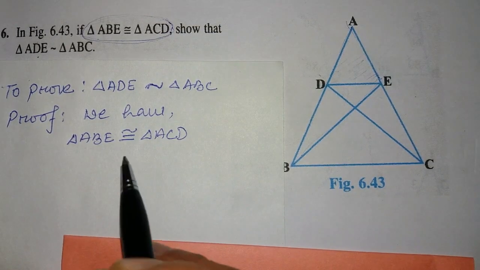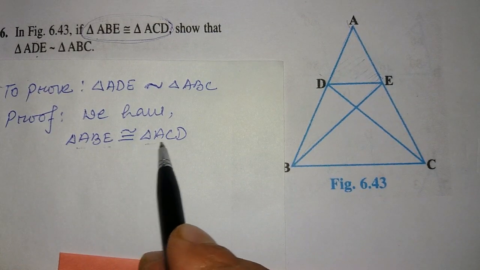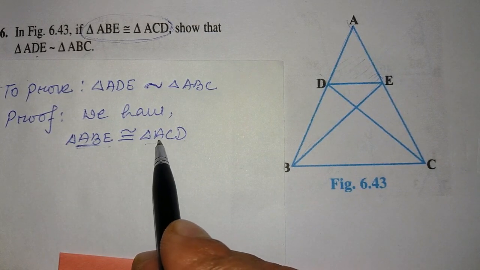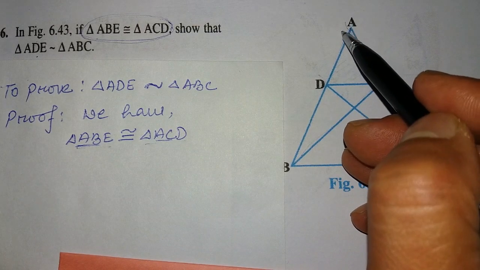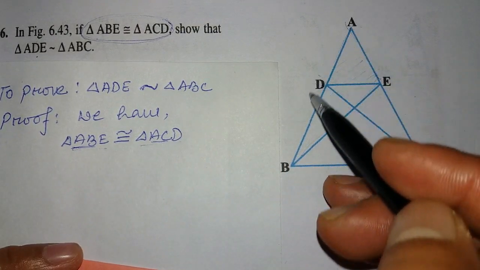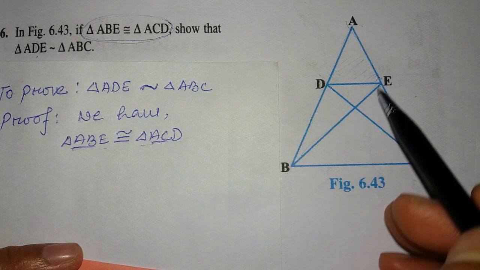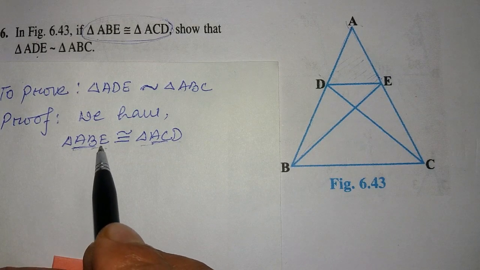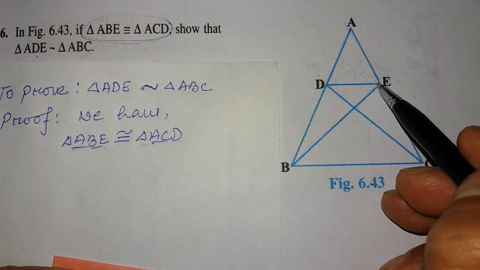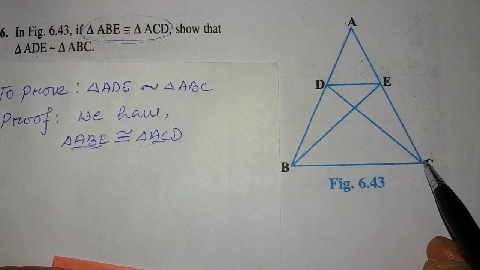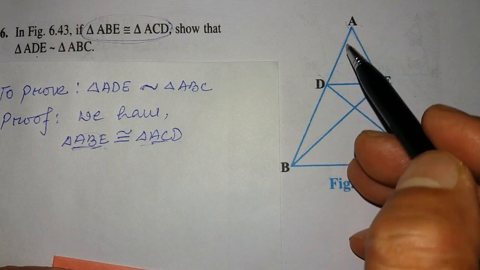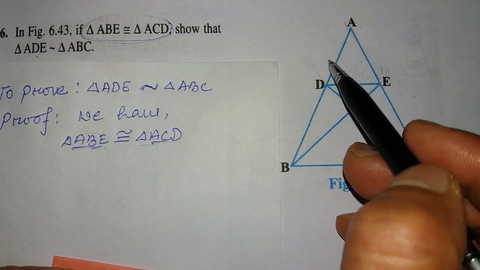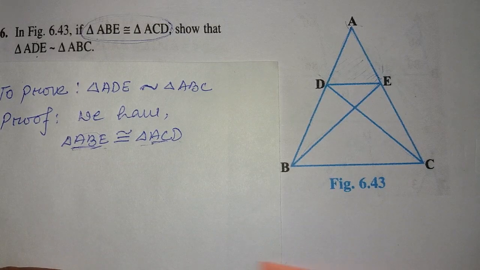So in these two triangles, the corresponding side of AB is AC, since AB is the longest side of the first triangle and AC is the longest side of the second triangle. And BE will be equal to CD. These are corresponding parts. And AE, the shortest side of the first triangle, will be equal to the shortest side of the second triangle.